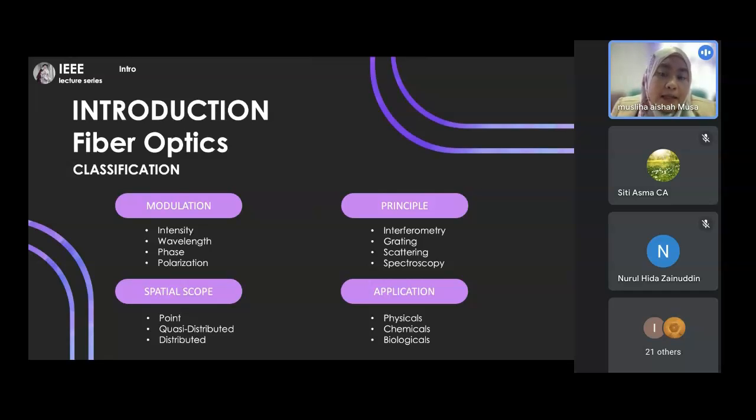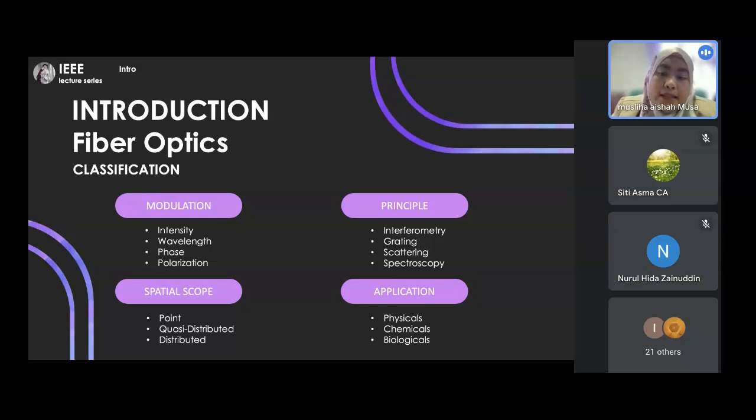The second classification is in terms of principle, the main principle used in sensing, such as interferometry, grating, scattering, and spectroscopy. Actually, there are a few other principles that are not listed here, but the main focus today is interferometry, because I used this one for my PhD.